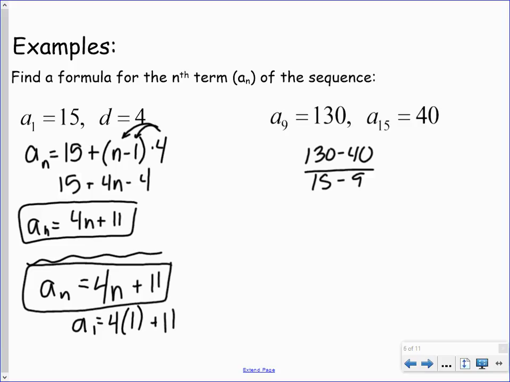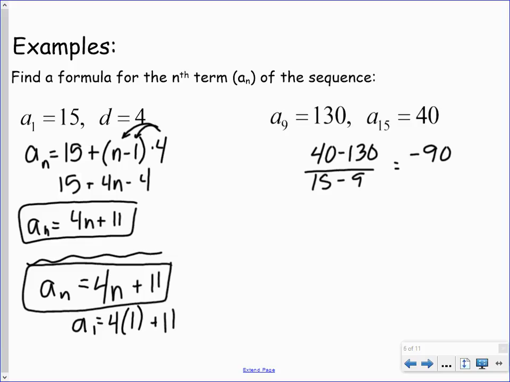So to really get the correct sign for your difference, you should take the term that comes later, which in this case is 40, the 15th term, and subtract from it the previous term. Because then that tells us to get from 130 to 40, we had to go negative 90. We actually dropped. So that would help you get the correct sign, but otherwise I agree with that.